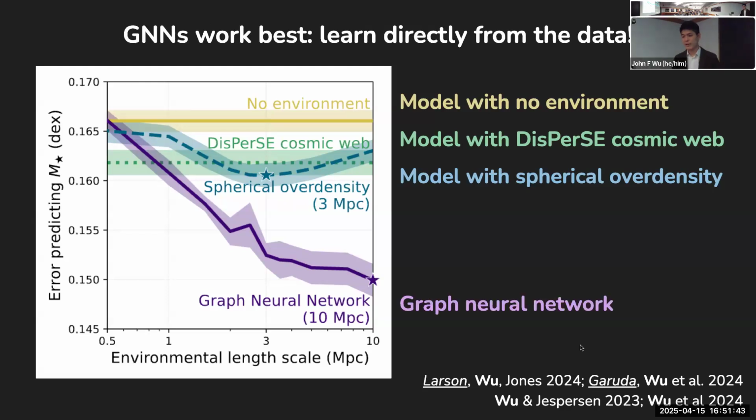But very impressively, the GNN is able to flexibly learn information, in particular on very large scales. It seems like it's continuing to get better, even as you expand the graph connectivity. And it's able to learn a lot more about how the baryons should be mapped onto the dark matter only representation.